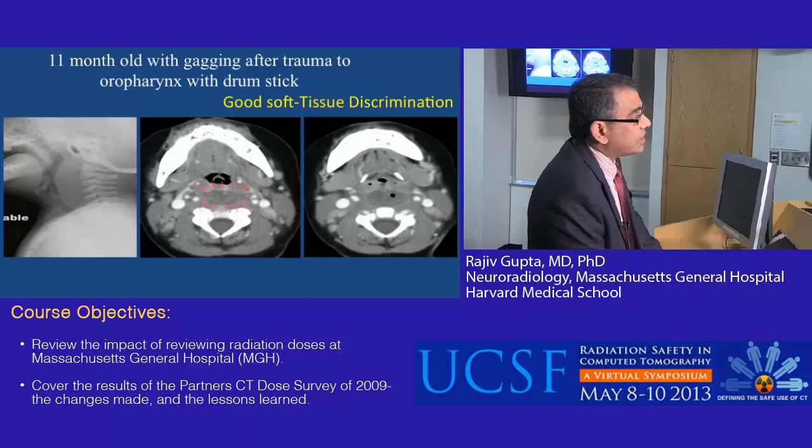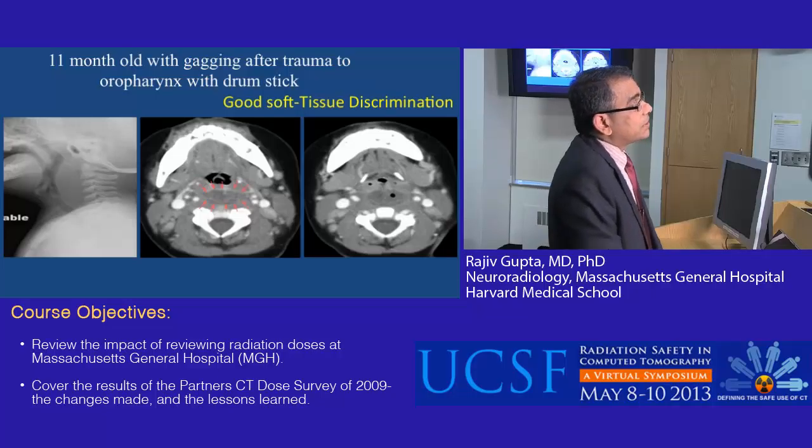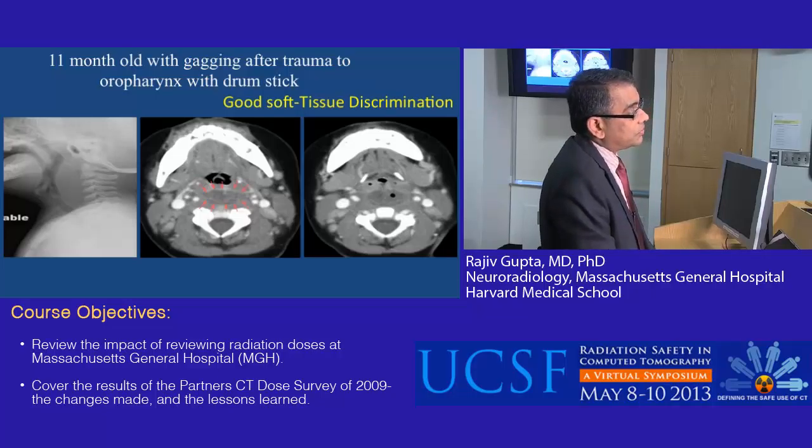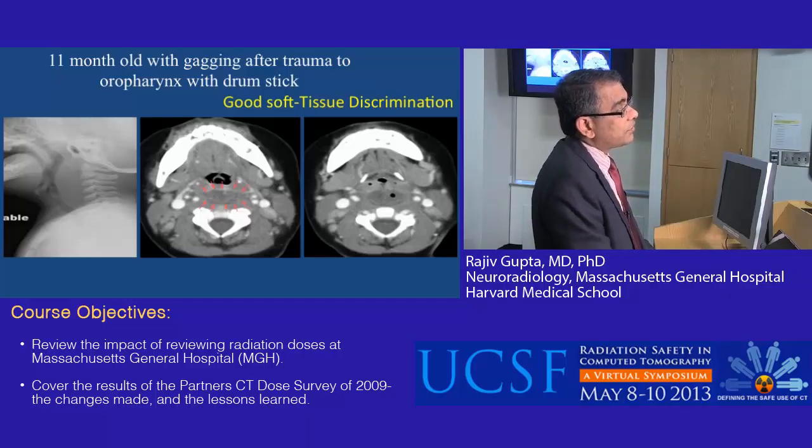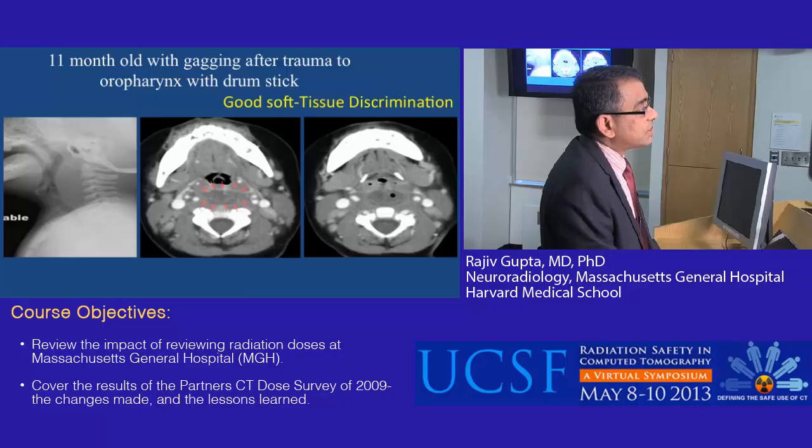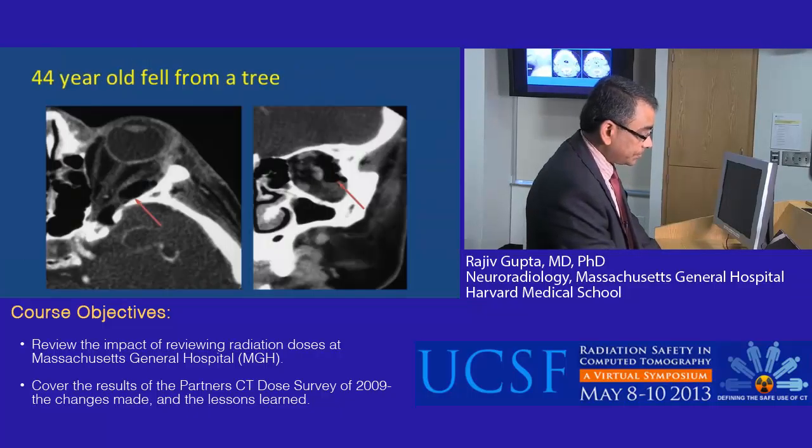On a different slide, you can see that there is a focus of air. You can also see the path of the trauma within the oropharynx. So what we need is very good soft tissue discrimination, and one easy way of accomplishing that is to increase the dose so that you have less speckle and the soft tissue discrimination is as good as possible.